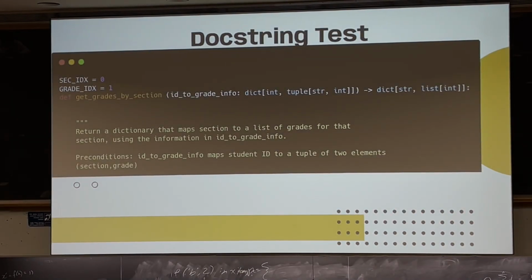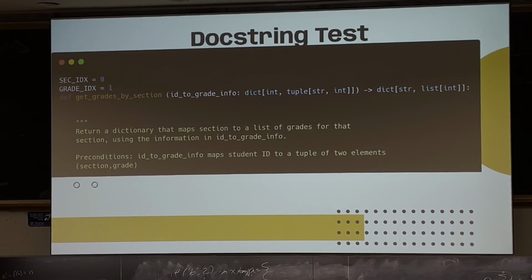Okay, so going back to that question, can anybody mention any test cases for this? Yeah. Do you guys still remember what the function is? I guess the function definition is there. Yeah? So you have your dictionary, right?